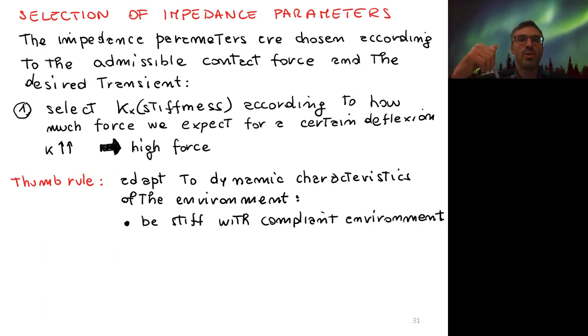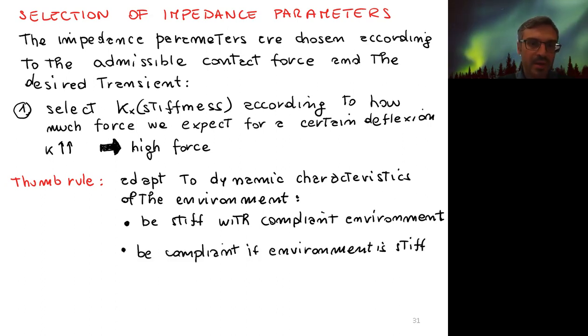So if you have a compliant environment, you want to be stiff, while in the case of an environment that is stiff, you want to be compliant to reduce the contact forces.